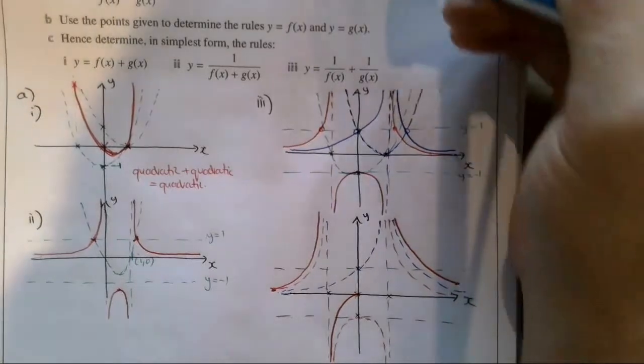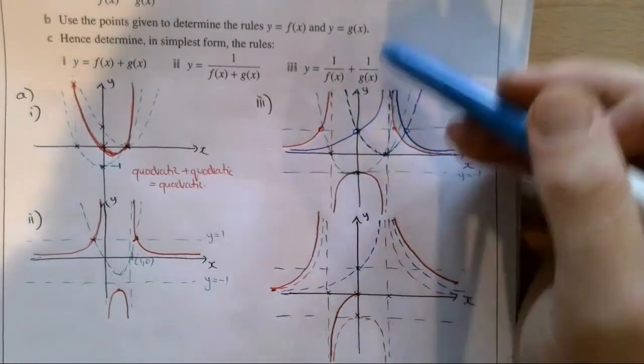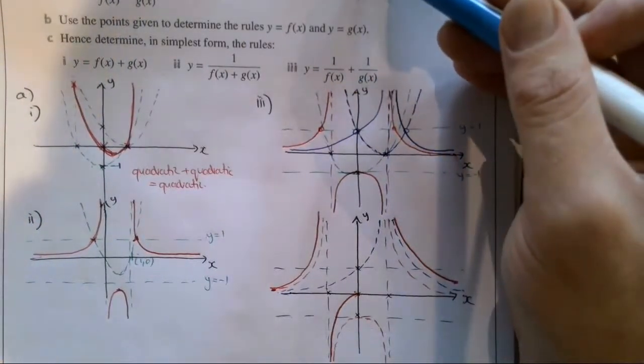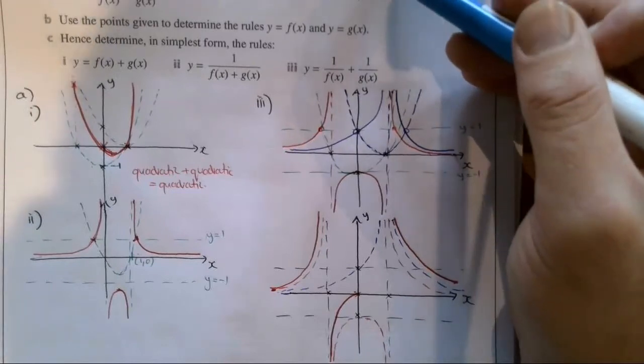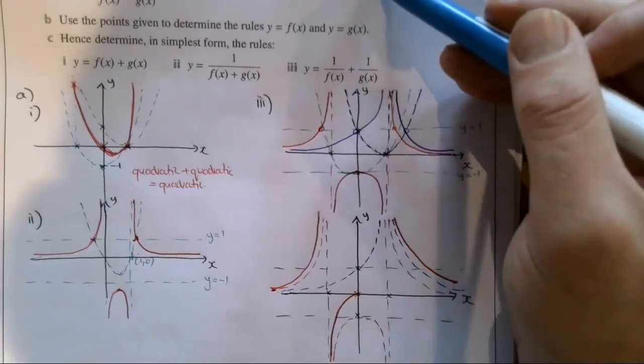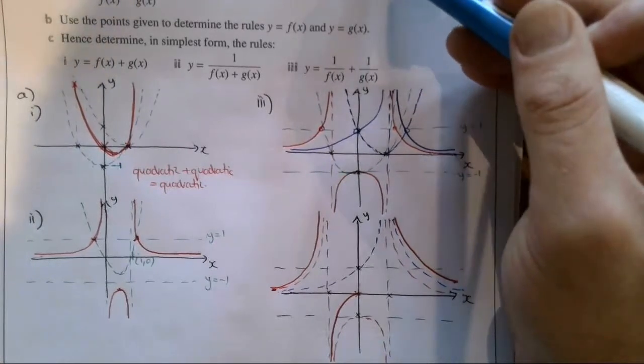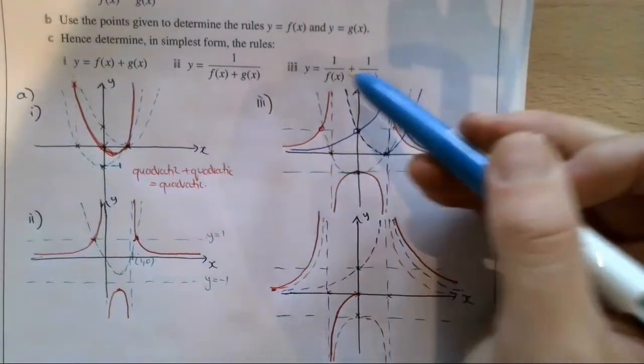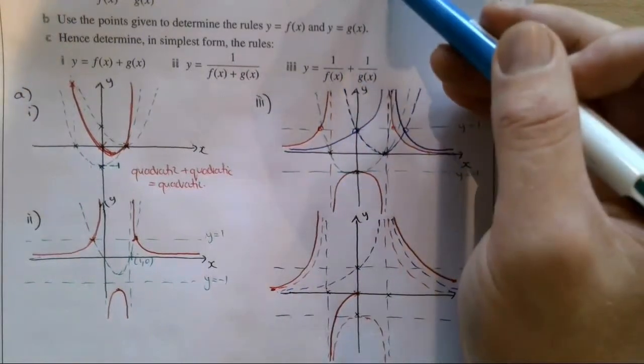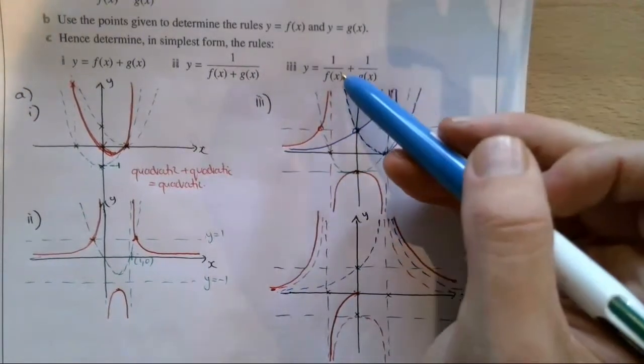I'm going to go back to my original equations, and I'm going to notice that in this region, where we're plotting, the negative value is much bigger than the positive value. So as I approach 1, the negative value is much bigger.